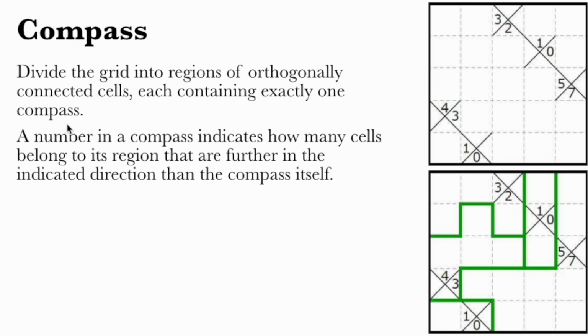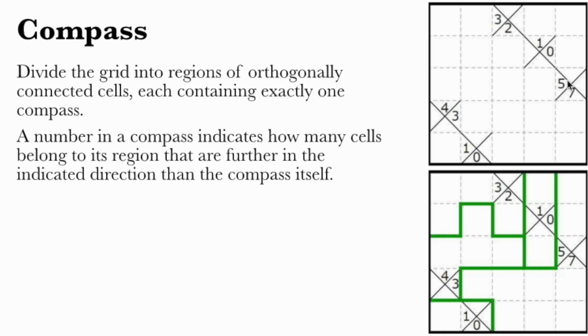And a compass is one of these cells with an X in it and numbers in some of the four quadrants of the cell. A number in a compass indicates how many cells belong to its region that are further in the indicated direction than the compass itself. This is a confusing rule, but the examples will help us a bit.